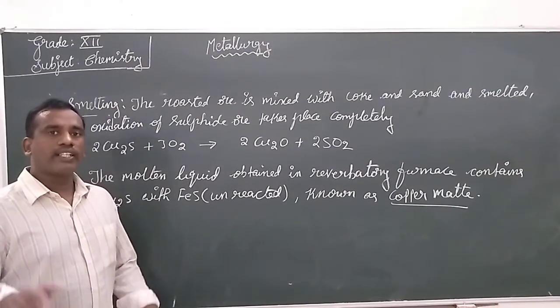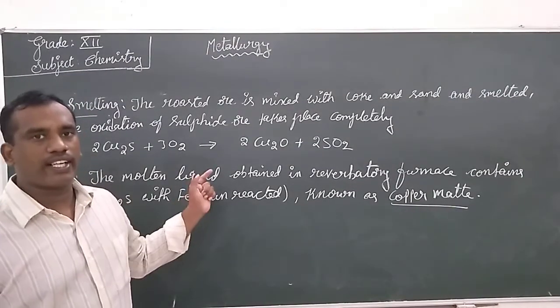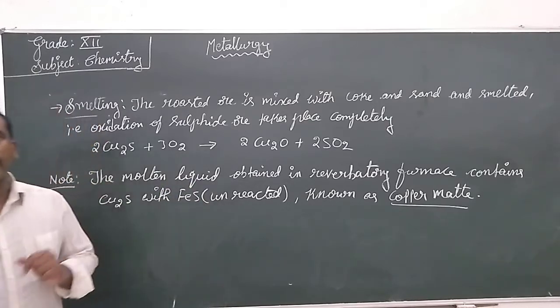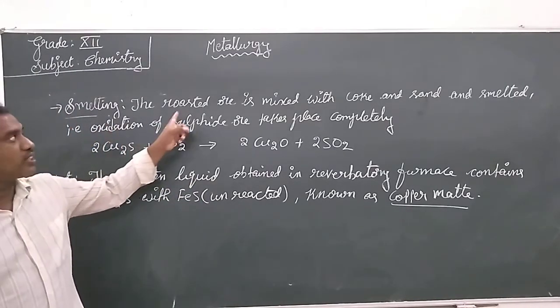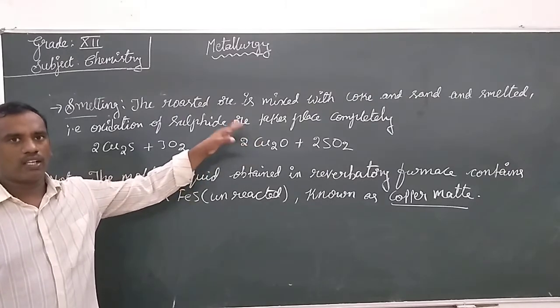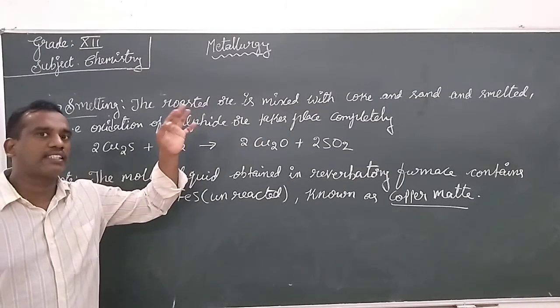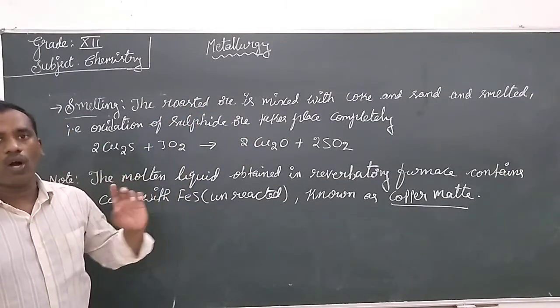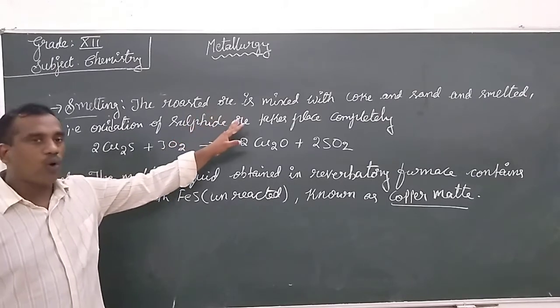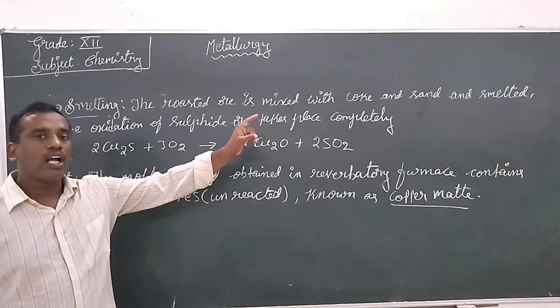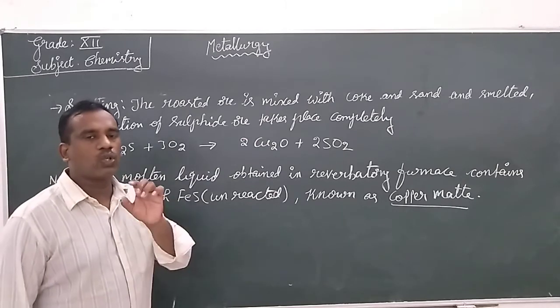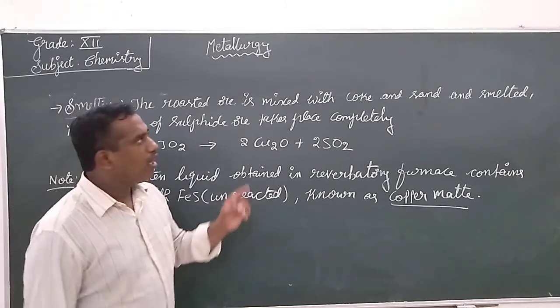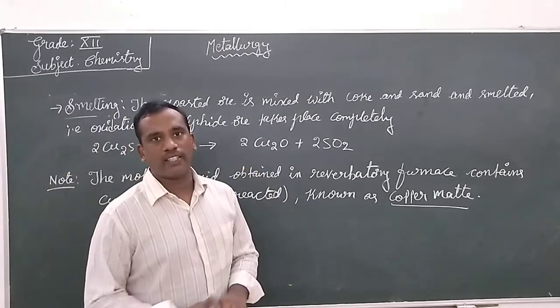So we got the definition of smelting now on the board. You can write it also. The roasted ore, we got the copper pyrite as the chief ore of the copper. The roasted ore is mixed with coke and sand. Two main points they are using: coke and sand.